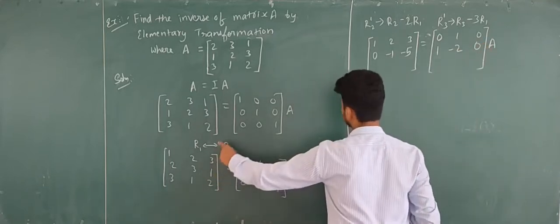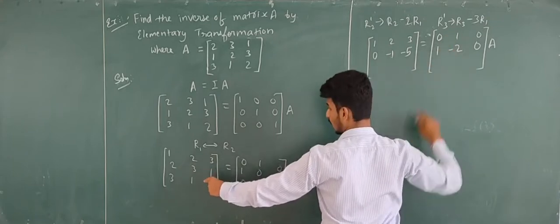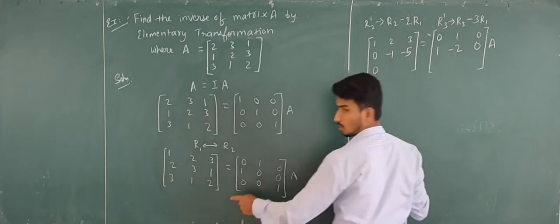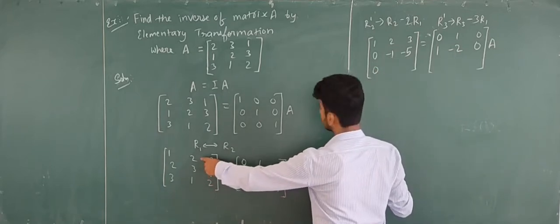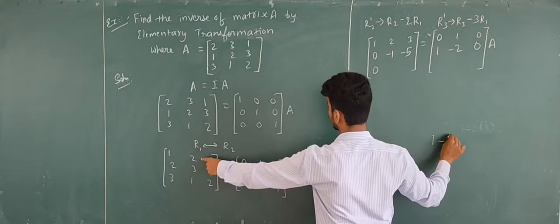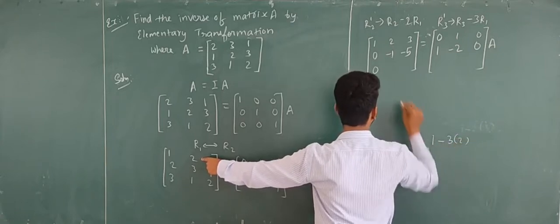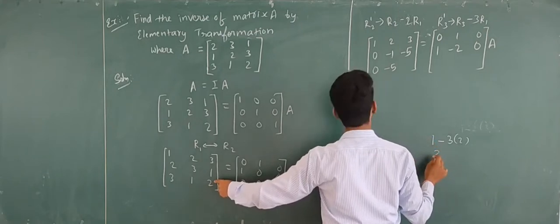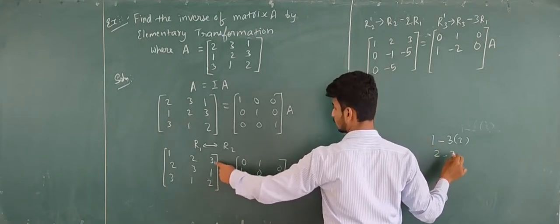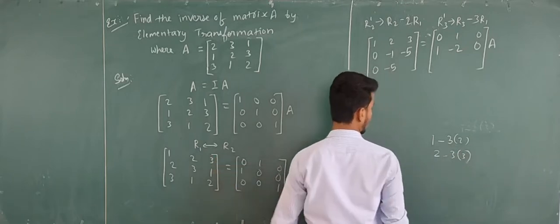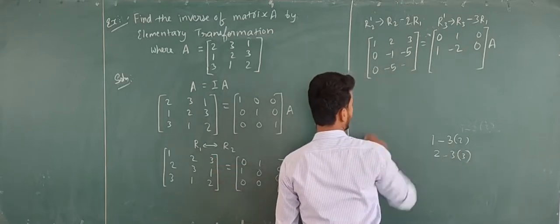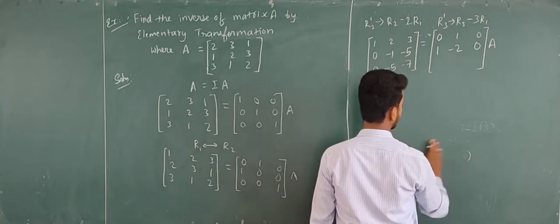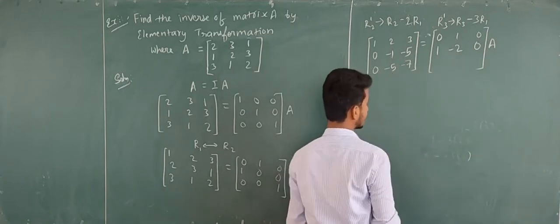Next the third row, that is R3 minus 3R1: 3 minus 3 will be 0, 1 minus 3 into 2, that is minus 5, and next 2 minus 3 times 3, that is 9, 2 minus 9 will be minus 7.